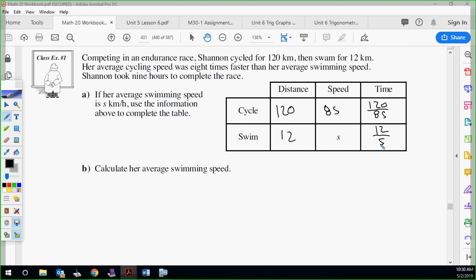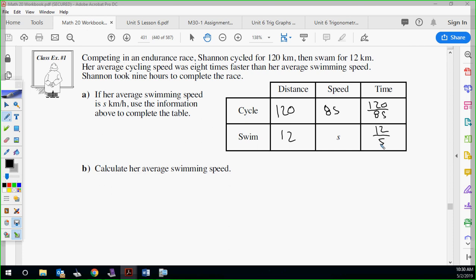So they gave us everything, right? The only thing we had to do was time is distance divided by speed. Damon asked, doesn't it give you time, the 9 hours? It gives you the time, but the time is for the what? The total race. So he just answered it.